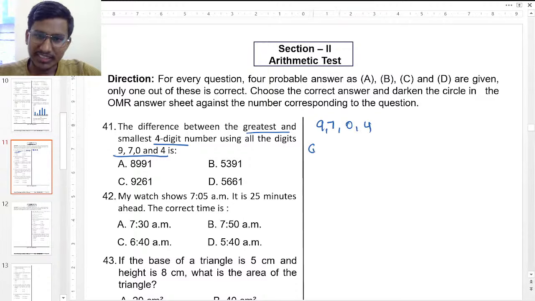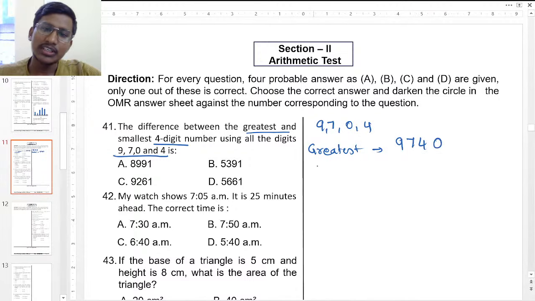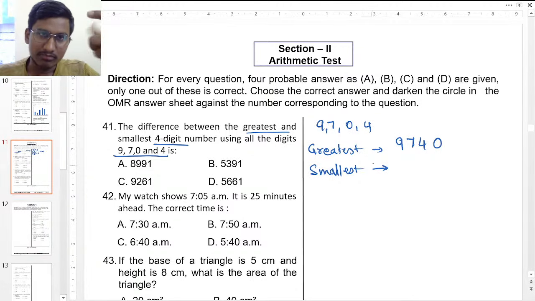What will be the greatest number here? That is 9. We have to write big to small: 9, 7, 4 and 0. And then the smallest, we have to write small to big, but 0 should not be written at the start. So which is the next smaller? 4. After that 0, then 7 and then 9.